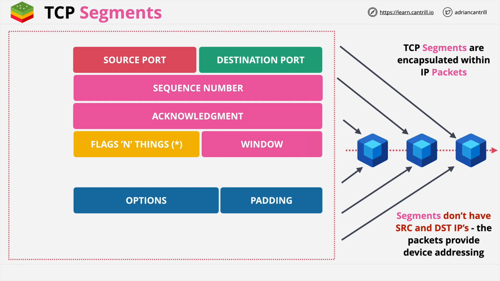Now next we've got the TCP window, and this is interesting. This defines the number of bytes that you indicate that you're willing to receive between acknowledgements. Once reached, the sender will pause until you acknowledge that amount of data, and this is how flow control is implemented. It lets the receiver control the rate at which the sender sends data.